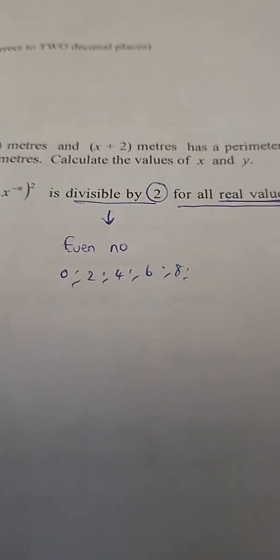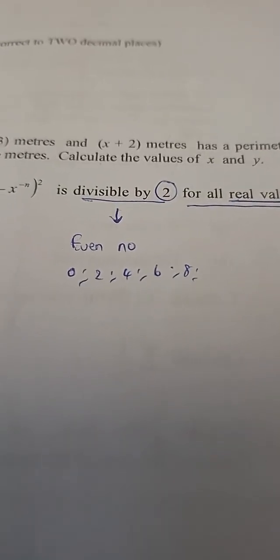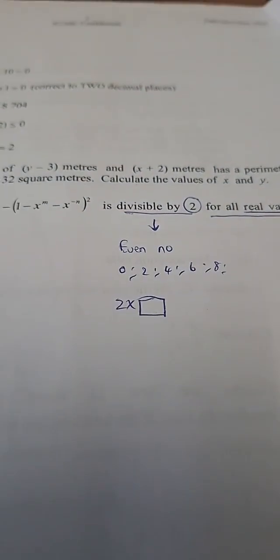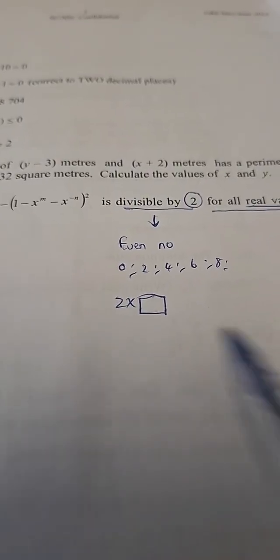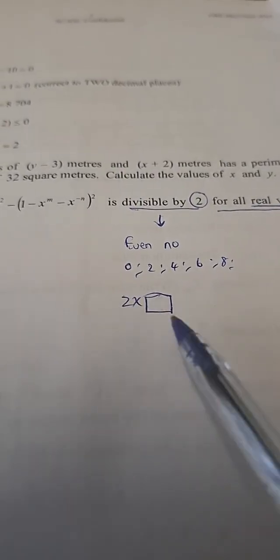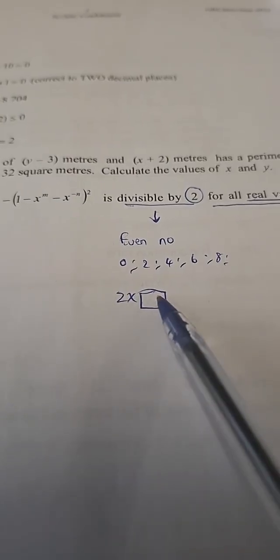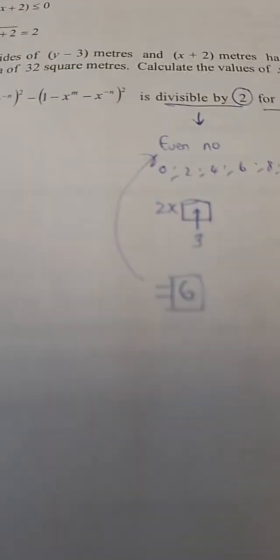Okay, are we together? So as long as it is 2 times whatever, that means that thing is divisible by 2. Let's say that thing we are talking about is an odd number like 3. 2 times 3 is 6, and 6 is an even number, a number that is divisible by 2.